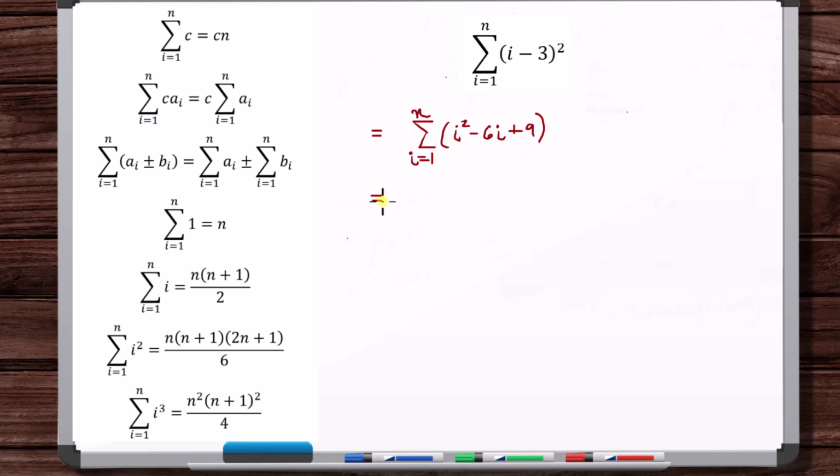We just separate these out using this property.